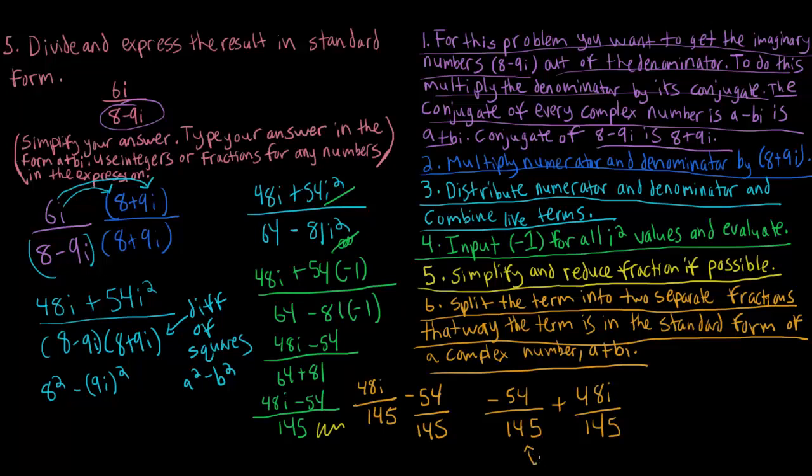Now our answer is in the form a plus bi, and that's your answer, negative 54 over 145 plus 48i over 145. And actually, with this answer right here, the i should be to the right of the fraction. So it should be negative 54 over 145 plus 48 over 145 i.